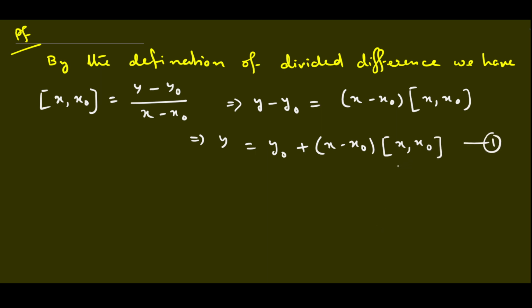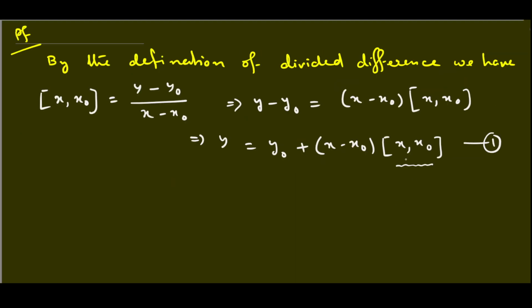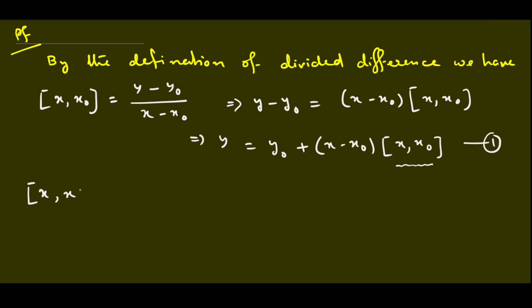Now we'll try to find this particular term, because you see in the formula, the first term is not this, it is x naught, x1. So we have to find this particular first divided difference with x naught. For this, we'll write the second divided difference for x, x naught and x1. So what will be the formula?